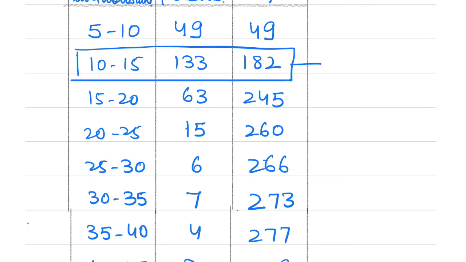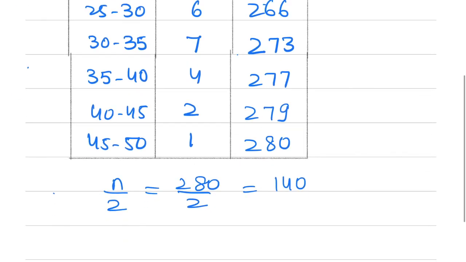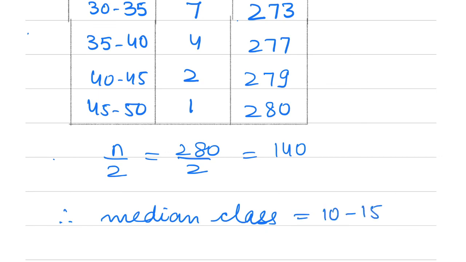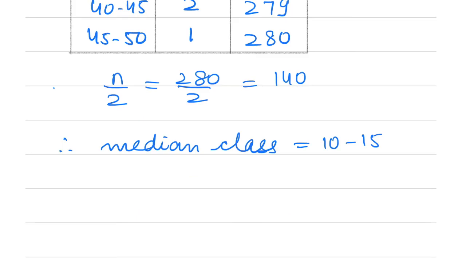So this is the median class, right? So median class, therefore median class is 10 to 15. So my median will lie between 10 to 15. Now we need to find out the median. So let's write down the formula first.